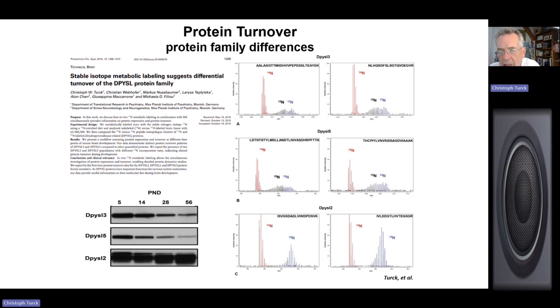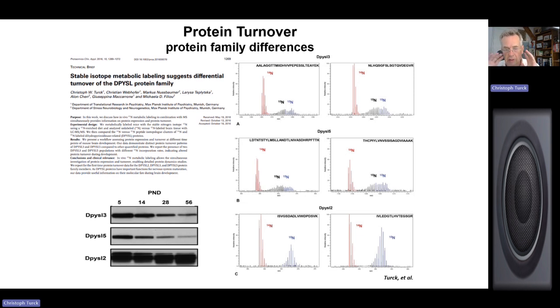This is not a nice little envelope. There are sort of 2 envelopes that you can detect. So the assumption that we have is that we're dealing with different turnovers of the same protein, either in different brain regions or maybe in different brain cells.